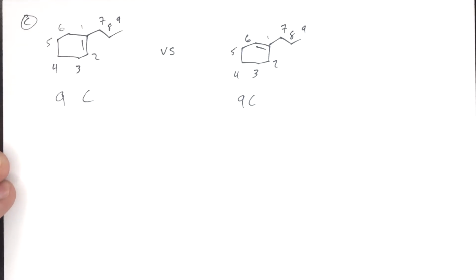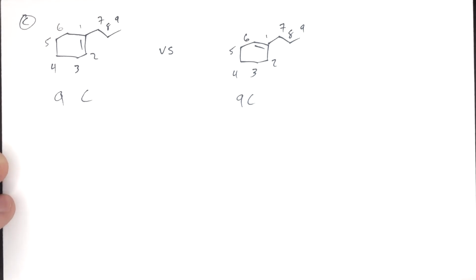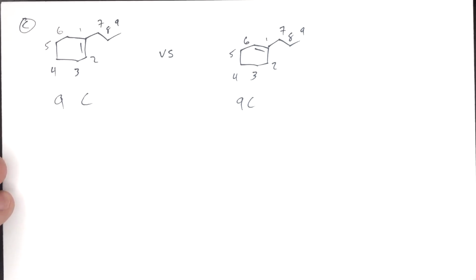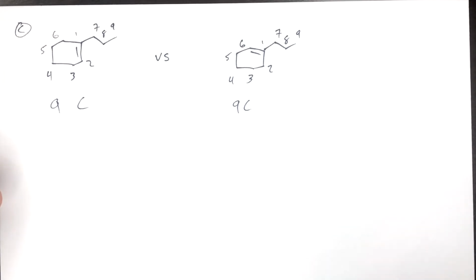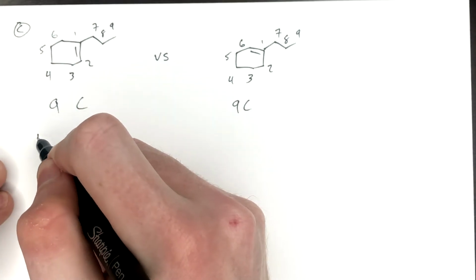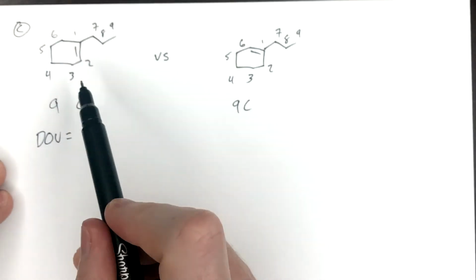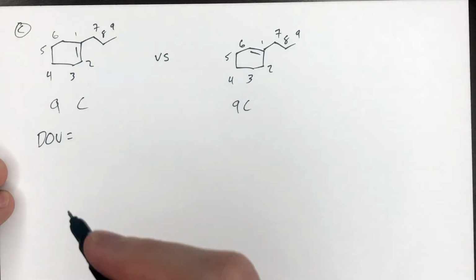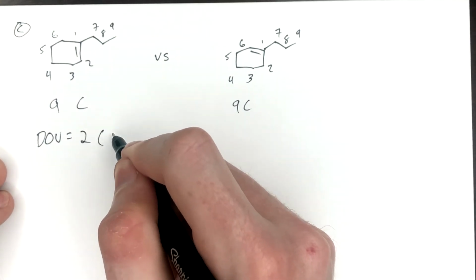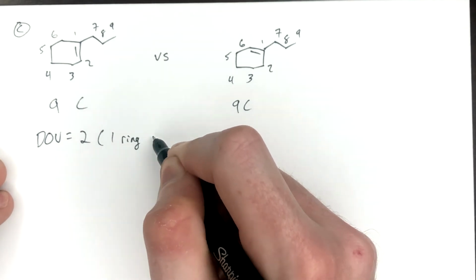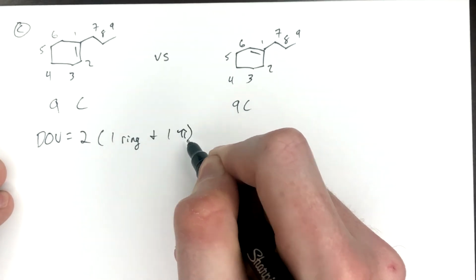Now count any heteroatoms. There are none here. This is simply a hydrocarbon. There's only hydrogen and carbons. So the heteroatoms are the same because there's 0. Now let's count the degrees of unsaturation. Here we have a ring and a pi bond, so that's 2, 1 ring and 1 pi bond.